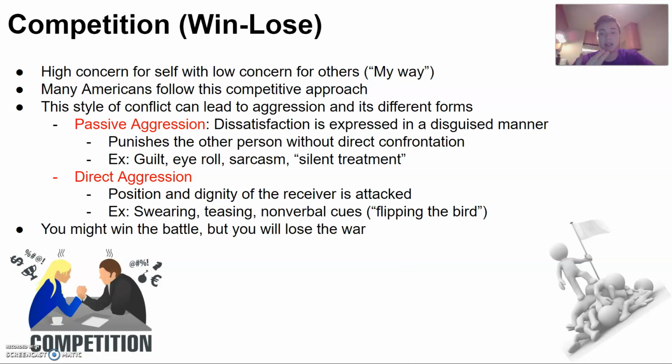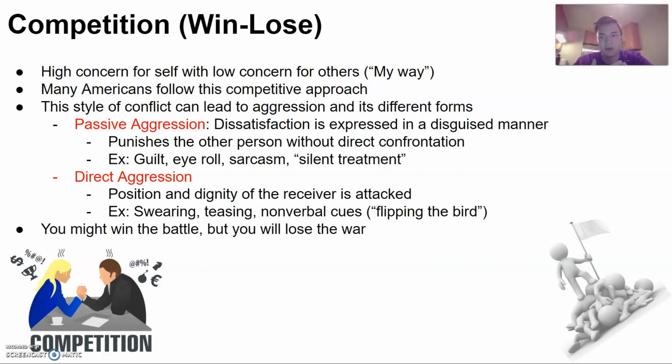This is where dissatisfaction is expressed in a disguised manner. This punishes the other person without direct confrontation. Examples of passive aggression include guilt tripping the other person, making them feel bad, saying, "Oh, I'll do everything on my own. I don't need your help. You never help anyways."